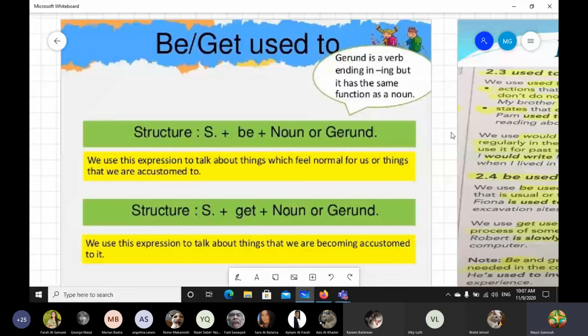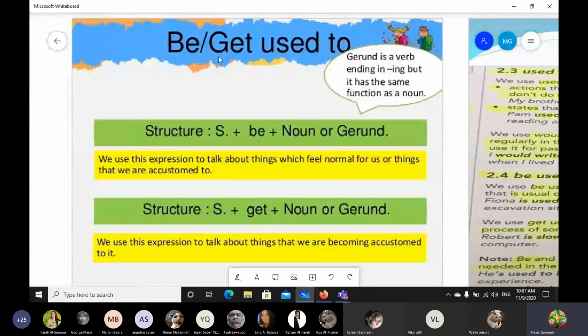And now we'll go to differentiate between used to and get used to. Be used to and get used to. One more time, this is an important note. The gerund is a verb ending in ing, but it has the same function as a noun.